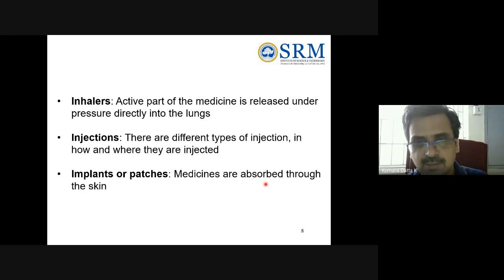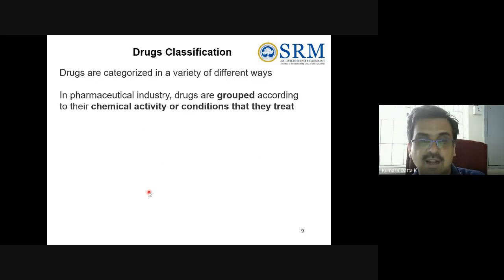Okay, so this terminology is quite familiar for everyone. You need not necessarily know this, but you must have heard of inhalers, injections, implants, all those things. Now, we can classify the drugs based on their activity, how they work chemically, or what conditions they are used to treat.